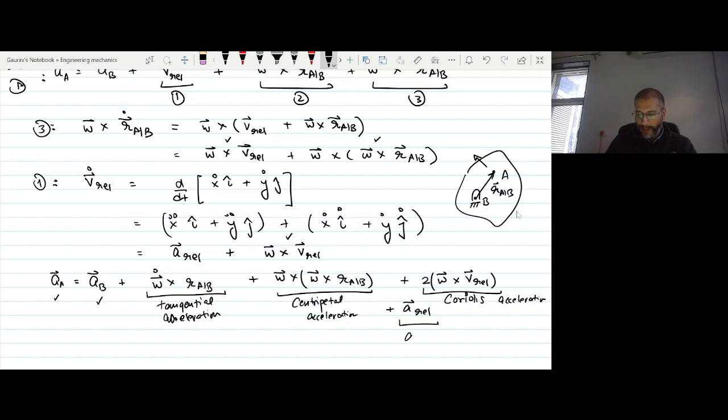So this is the acceleration of A measured in B, measured from the small xy frame. In the small xy frame, all you see is x double dot and y double dot. So this is the relative acceleration. And then everything else is because of the rotation of the frame. So all the other terms have omega in them.